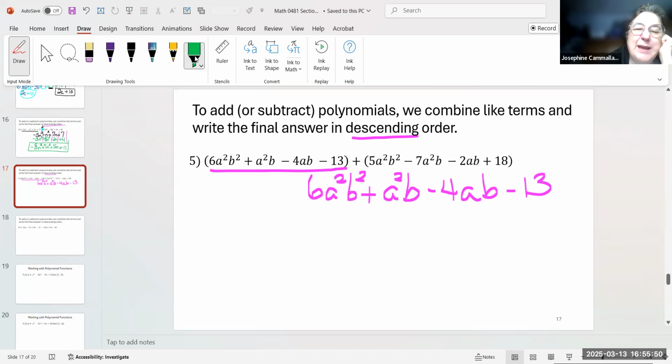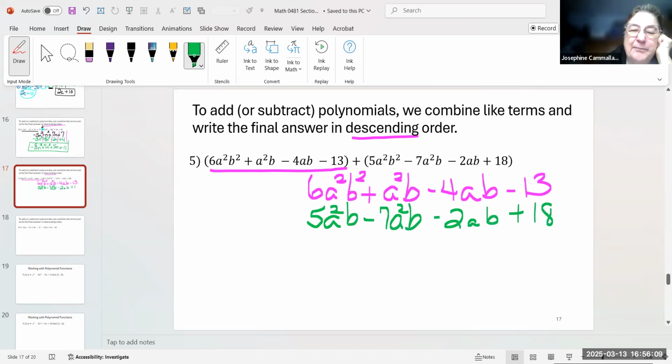This is going to give me a positive 5a squared b squared. Now this is going to give me a negative 7a squared b squared minus 2ab plus 18.